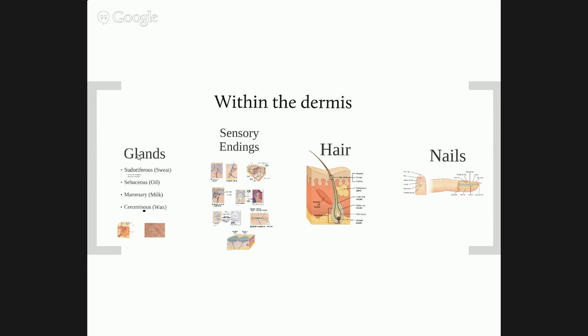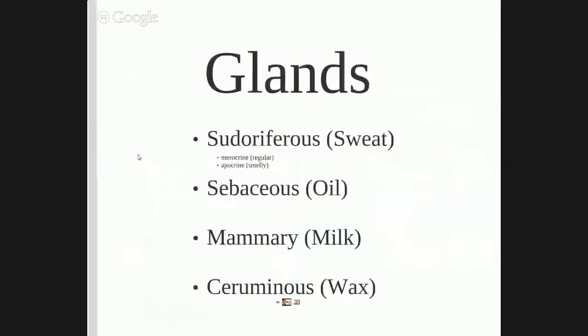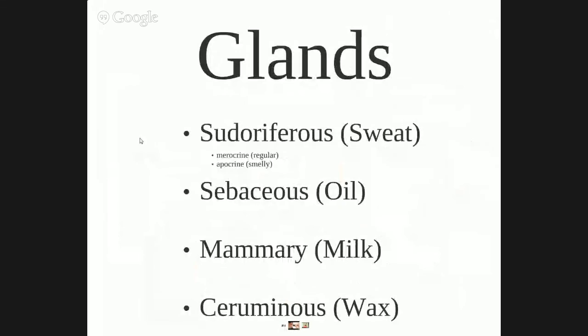We'll go with that one. So glands are epithelial tissue. Glandular tissue is that ninth type. And in the skin, there are actually four types of glands. Now in the book, they only deal with two types, sweat glands and oil glands, or sudoriferous and sebaceous glands.